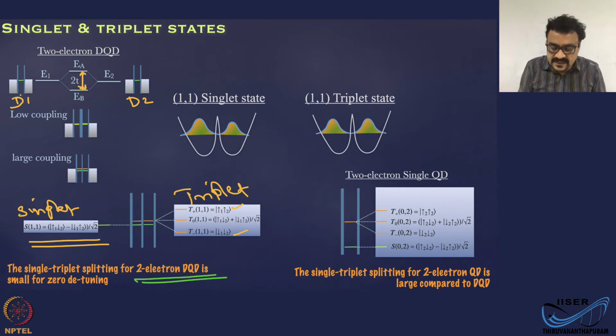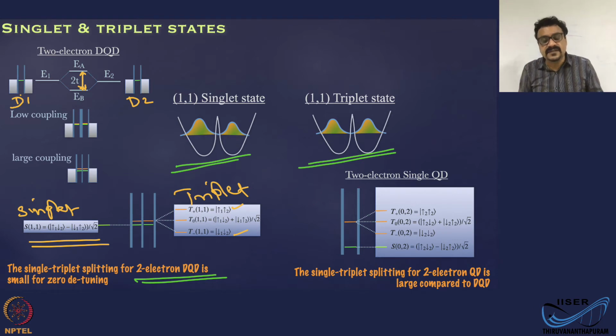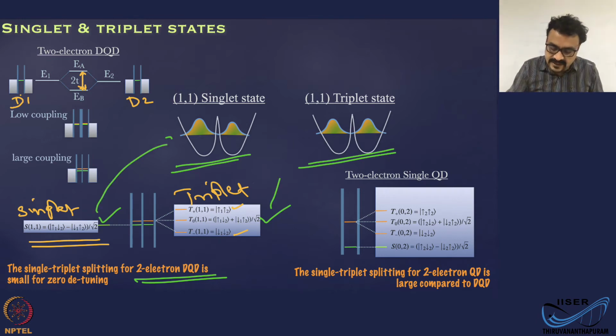Exchange: the charge distribution for a singlet state and for a triplet state, that means the 1-1 singlet state and 1-1 triplet state, are slightly different. For a singlet state, there is a little bit of bias in the charge distribution towards one of the dots, and for a triplet state, the charge distribution is perfectly symmetric.